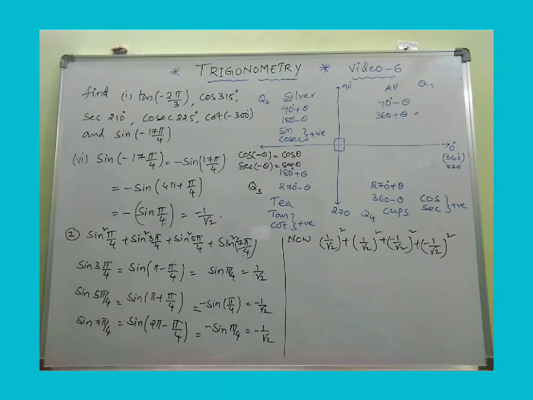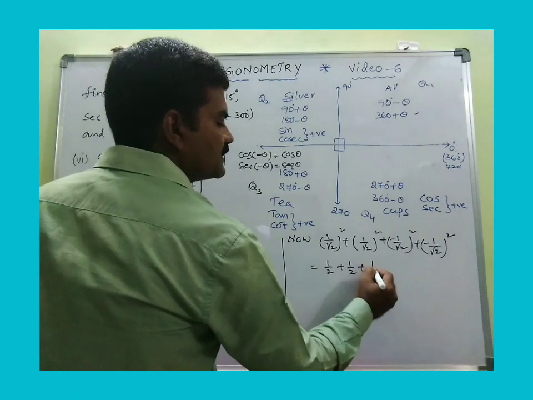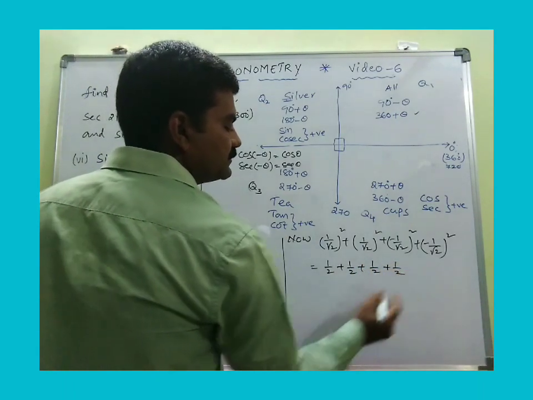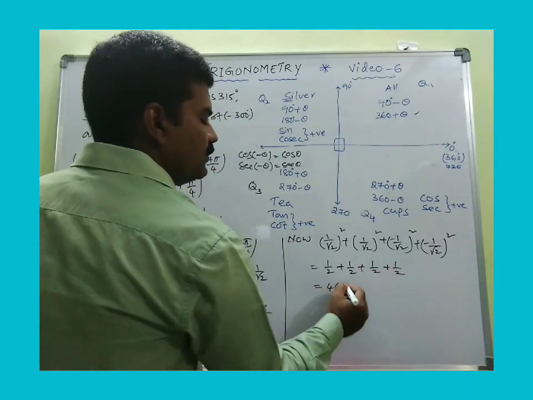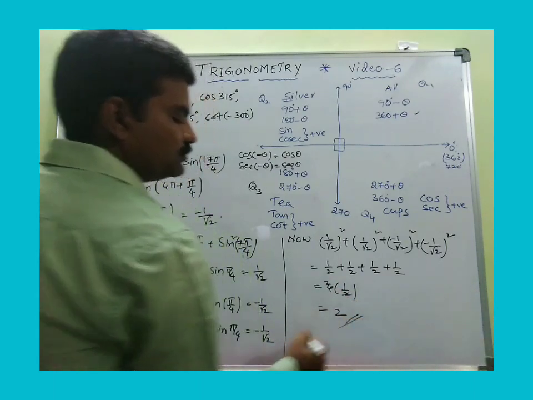Now can you guess the answer? So finally on squaring, this is 1 by 2 plus 1 by 2 plus 1 by 2 plus 1 by 2. So this is nothing but 4 into 1 by 2, which is 2.